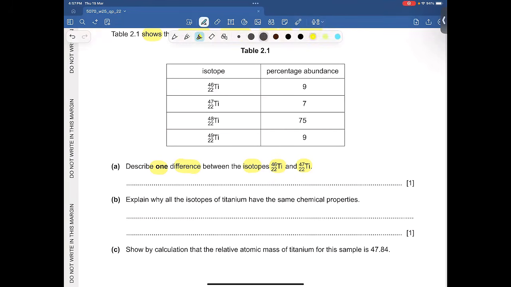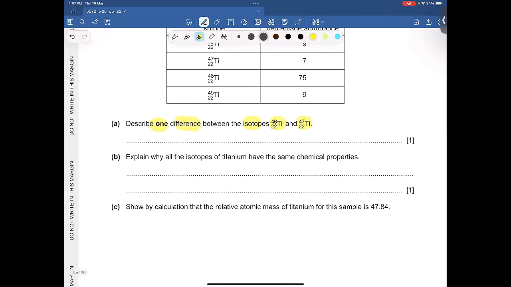Both are acceptable for the examiner. So I'm going to write different number of neutrons. You can write different mass number also.